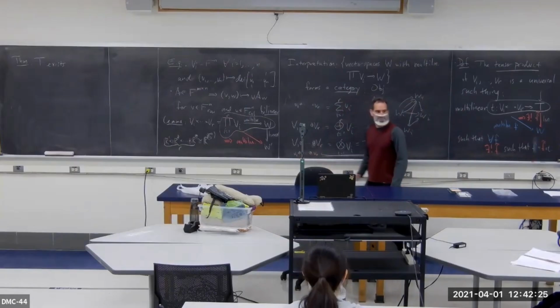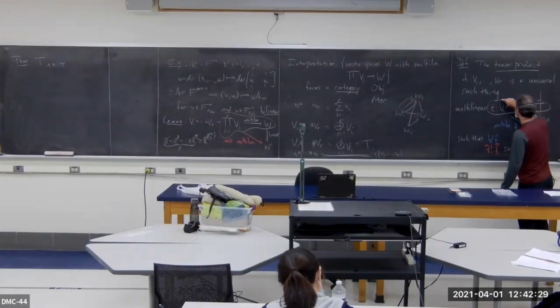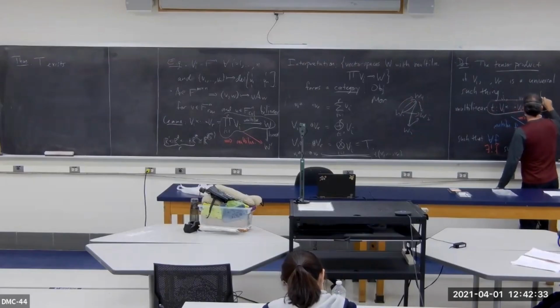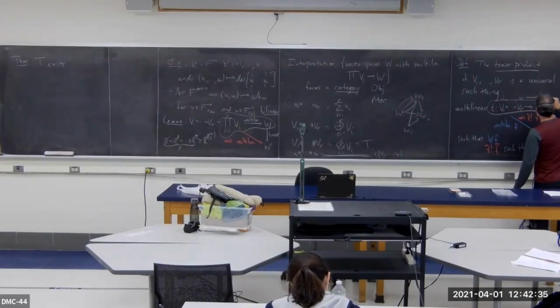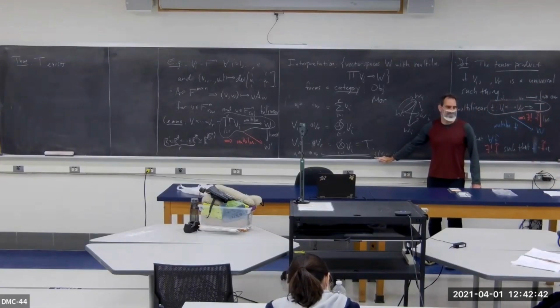Fair enough? Right, because I'm supposed to be taking lists of vectors here. Take little v1 up to little vr, and it maps it to little v1 tensor up through tensor little vr. I wrote the same thing here that I wrote over here, so there's not actually anything new. If you can't read that part of the board, it's fine.